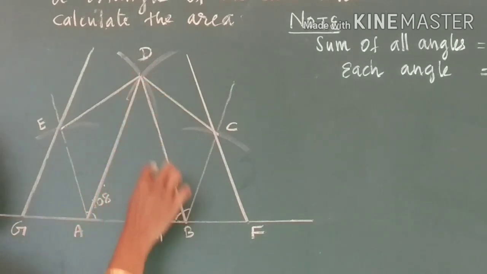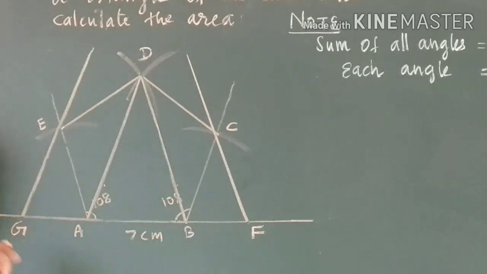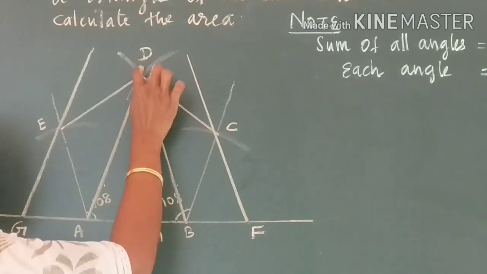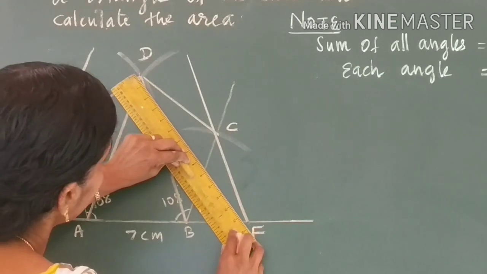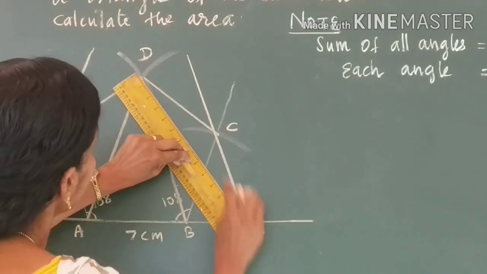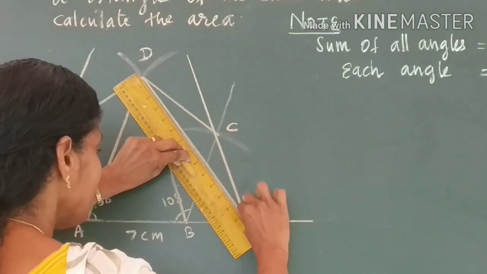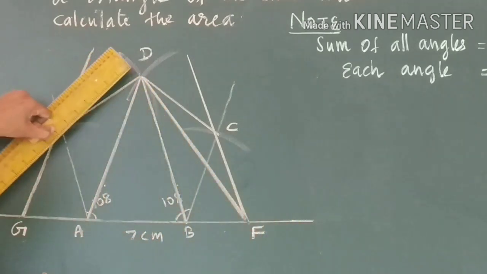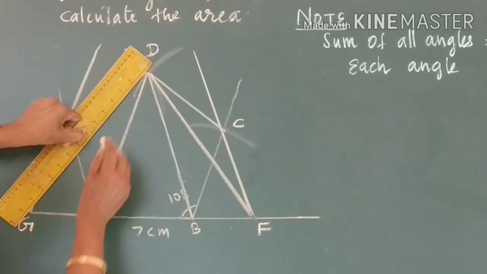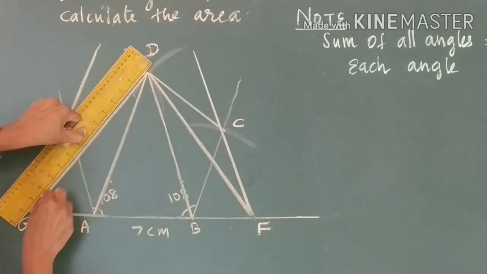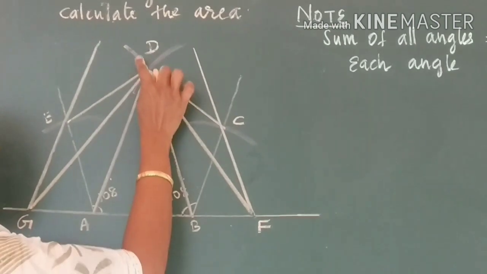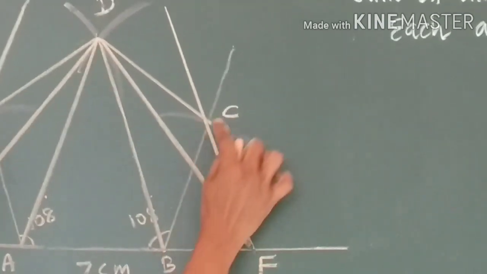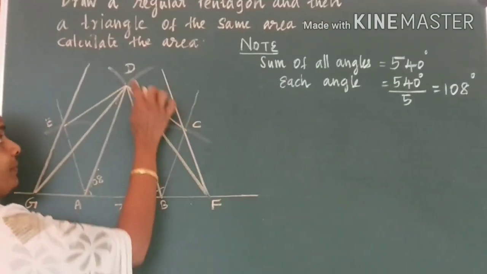Now look at this base. BD is the base. Now join D to F. D is joined to F. Similarly, D is joined to G. Now what can you say about the areas of DBC and DBF?